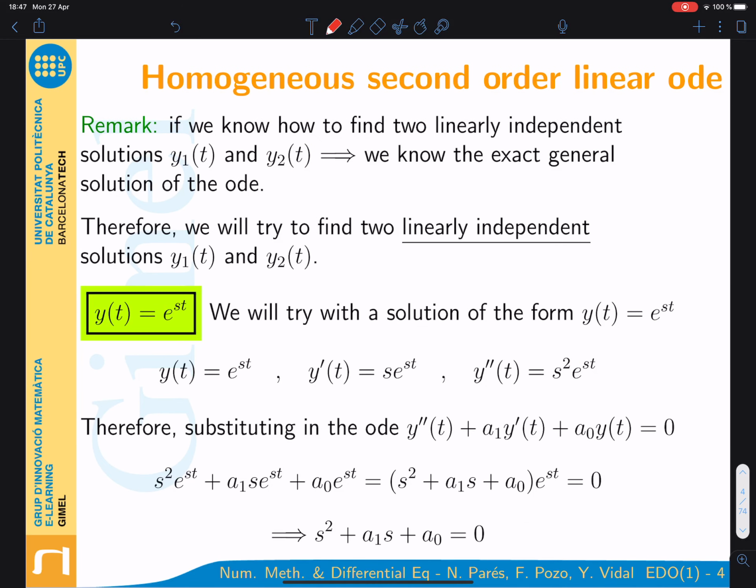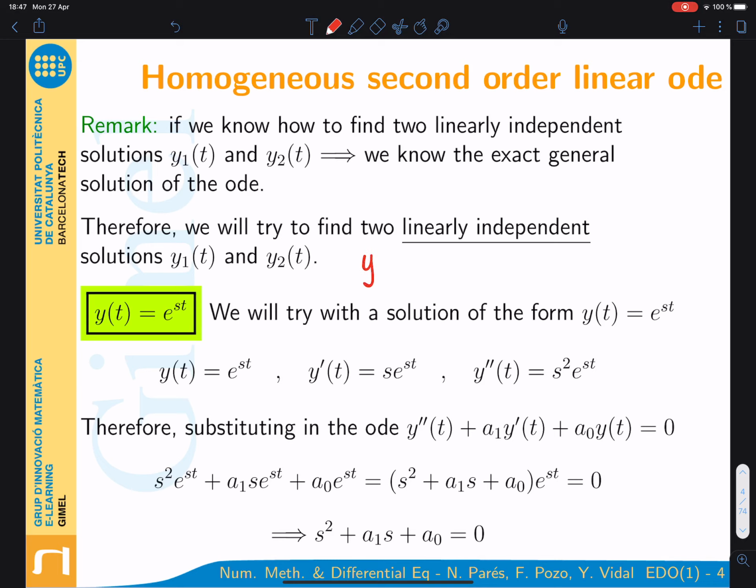What we want to do is that we want to find two particular solutions, and we will start trying with the exponential functions. We will see in a few seconds why this is a very good choice, and it's because of the linearity and because of the constant coefficients that we have in our ODE. Okay? So I will write down here our ODE.